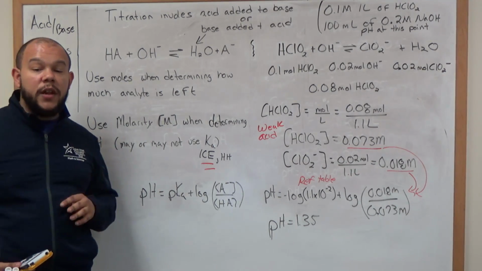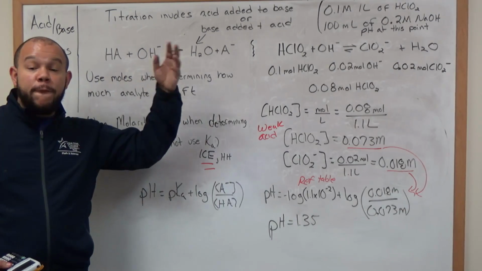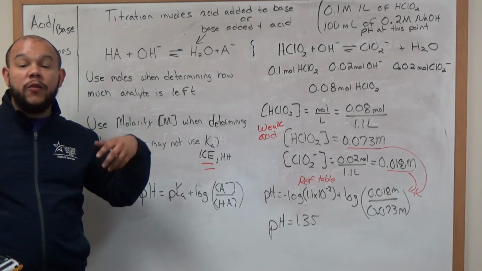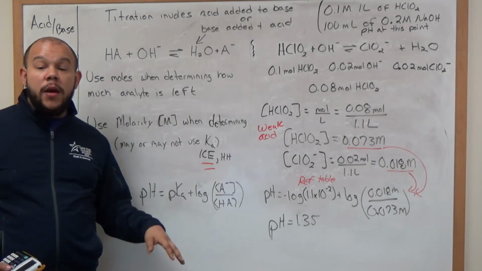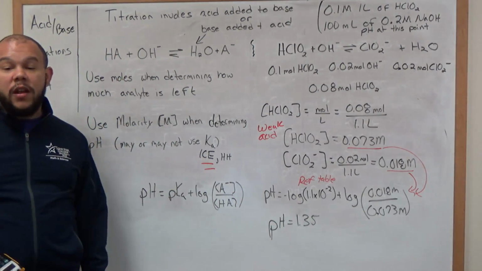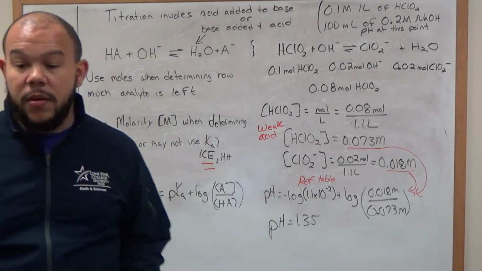So that is what this video has done. I'm going to add some videos for base titrations and some videos for at equivalence point. But again, until equivalence point, you can use Henderson-Hasselbalch to determine the pH at any point in the titration before equivalence.